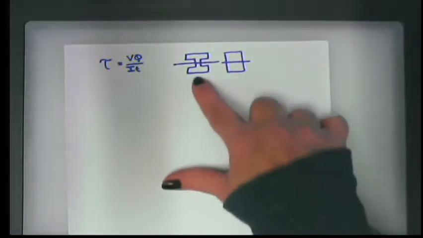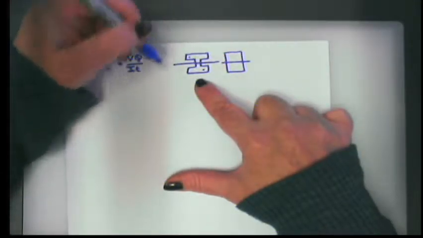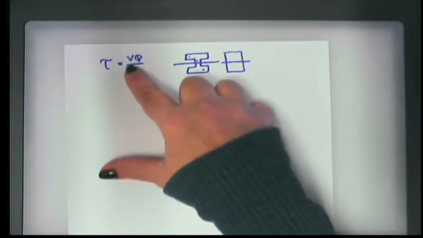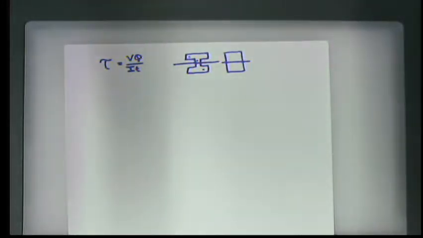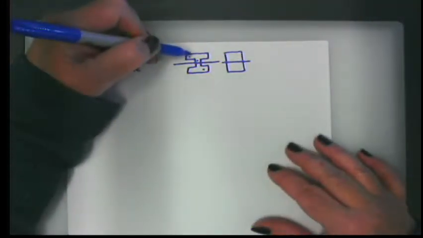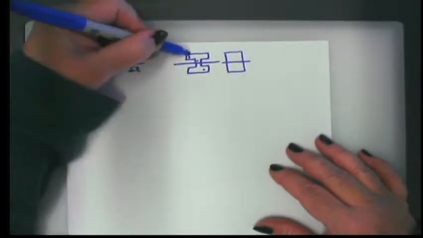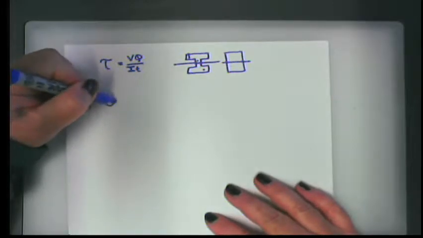So for a cross-section, whether you were looking for tau here, or here, V is going to be the same, I is going to be the same, and then thickness and Q go together. Thickness is quite easy to find because at this point it would just be the distance from here to here. But what is Q?